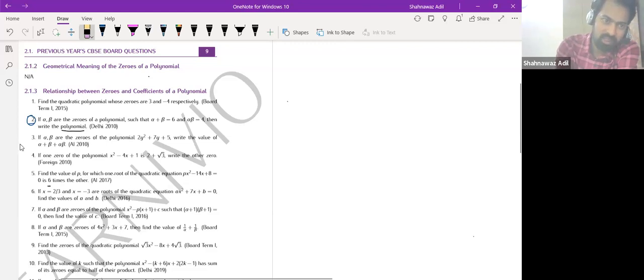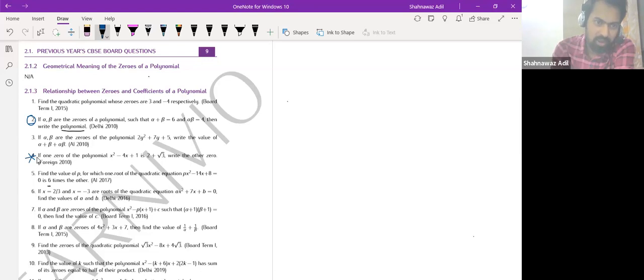Yeah, this question is not in the polynomial case because if one zero of the polynomial is 2 plus root 3, right? Write the other zero. So to do that, let's say that this is the polynomial.